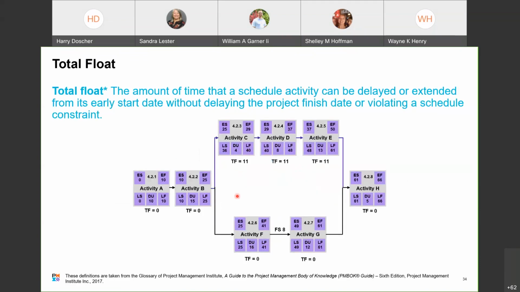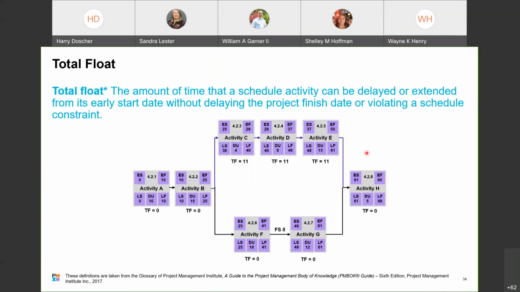So the total float is the amount of time that a scheduled activity can be delayed or extended from its early start date without delaying the project's finish date or violating the schedule constraint. So total float here, you have to figure out what the float is for this particular branch.